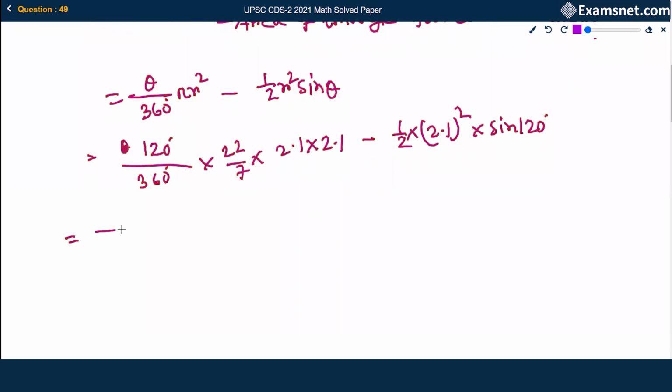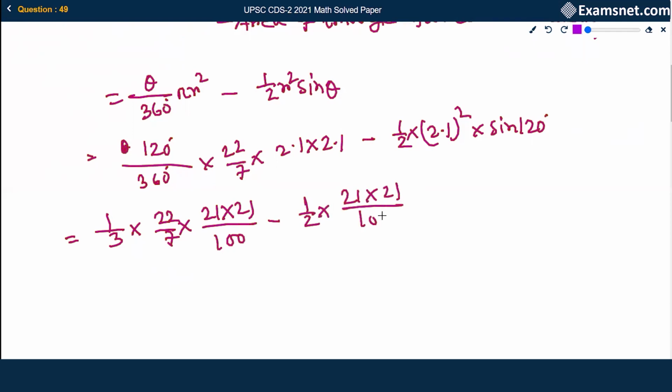So here 1/3 multiplied by 22 by 7, 441 by 100, minus half, 441 by 100. Now for sine 120 degree, there is a formula that sine 2 theta can be written as 2 sine theta cos theta. I'm going to use that formula. 120 degree means 2 multiplied by 60 degree.